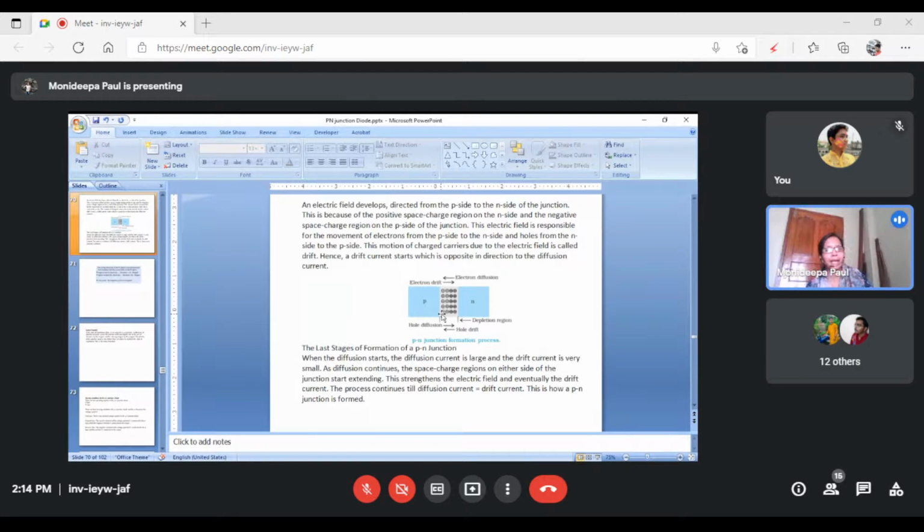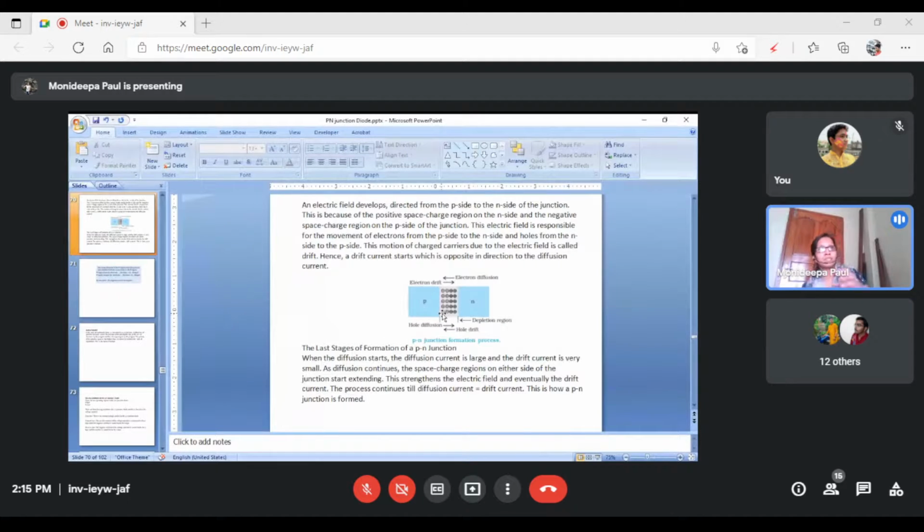During this time, what happened? In the n-type, electrons diffuse toward the holes and holes diffuse toward the electrons. Positive charge ions are accumulated at the junction on the n side and negative ions are accumulated at the junction on the p side.